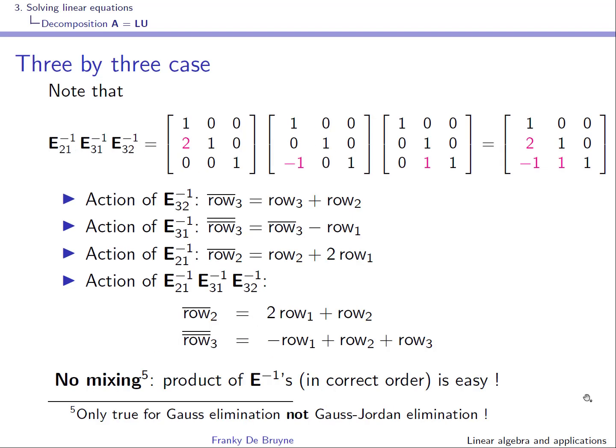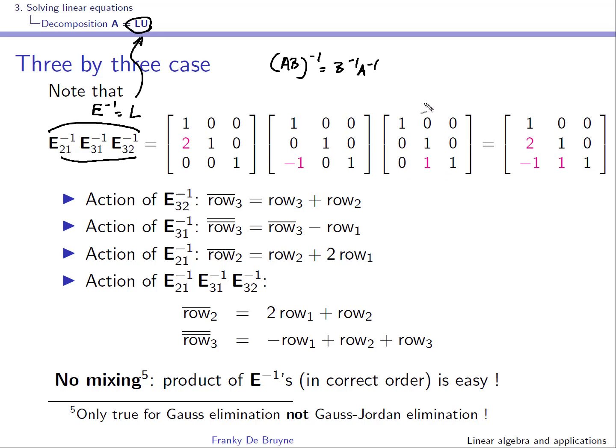Well, let us now look at the matrix E minus 1. Okay, and this is this matrix L that is of interest in the LU decomposition over here. So okay, so E minus 1, because of the property (AB) inverse is equal to B inverse A inverse, can be written like this. So it's the inverse of the elimination matrices in reverse order.